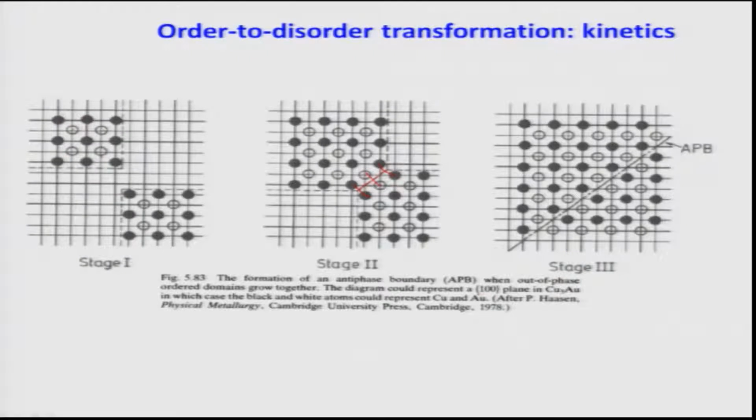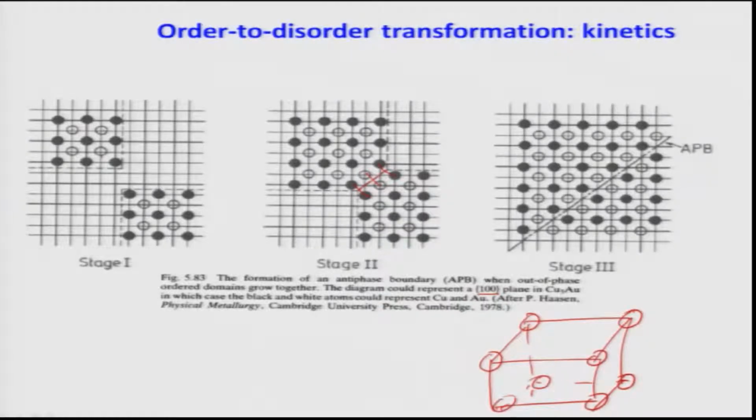And this diagram represents the atomic positions along one 001 plane, that is why it is shown like this. A 001 plane is the top plane or the bottom plane or the side plane, whatever it is. If I draw it properly, it will be clear to you. So these are the gold atoms and these are the copper atoms, all the face center positions. This is a 100 type plane.